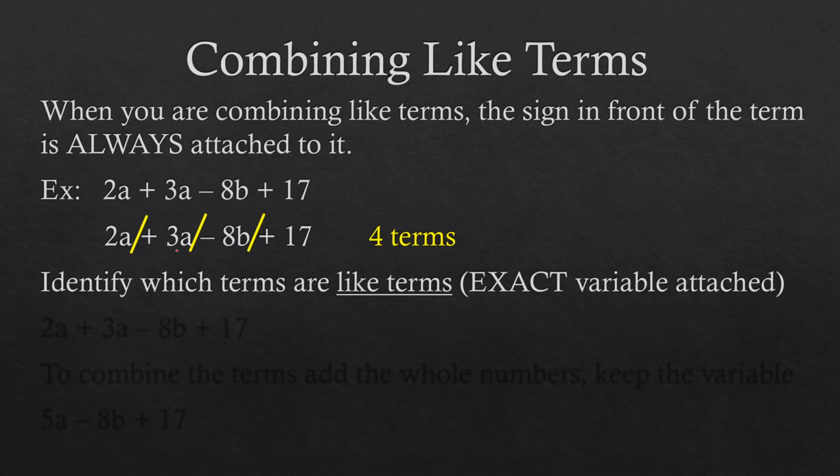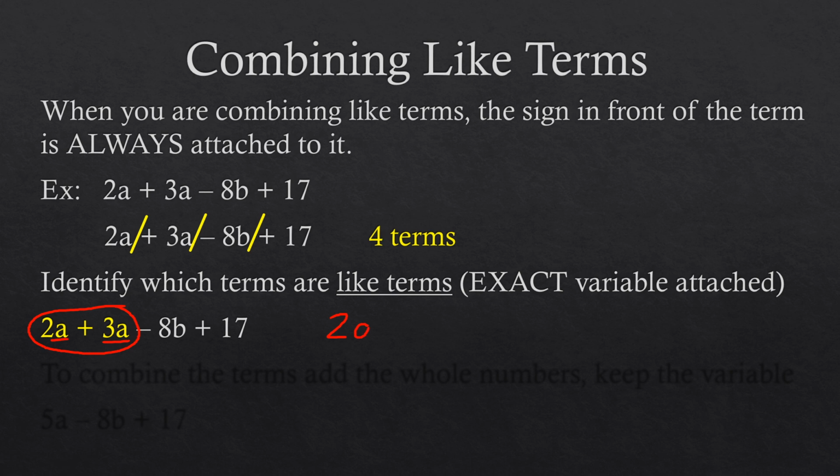So we have identified which terms are like terms, right? We did that before, which is this 2a and this 3a, because they have the same variable. Okay, remember, like terms must have the same exact variable. Once we have determined that those are our like terms, all I need to do to combine them is add my numbers together, and I keep my variable the same.